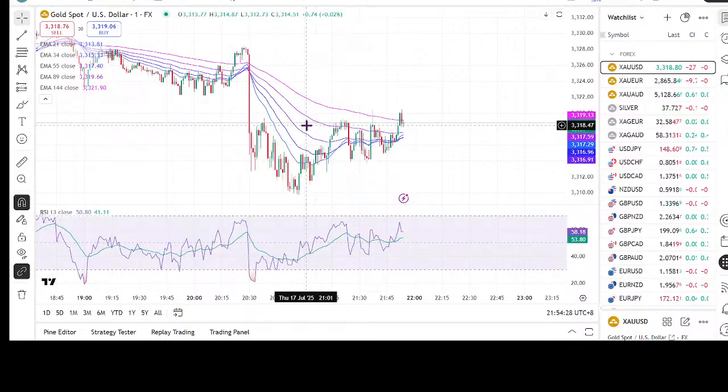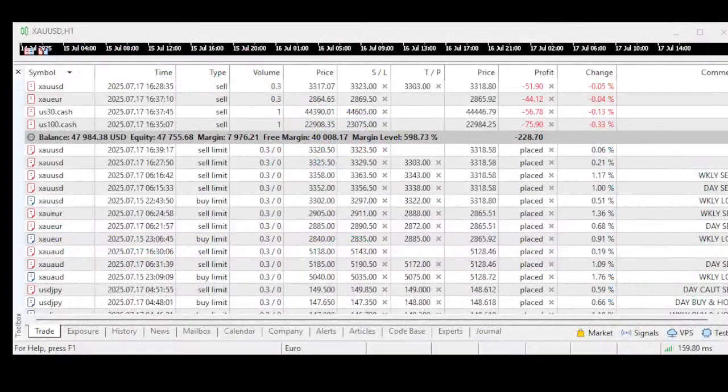But I think we need to give some time. So far, so good. We have 4 trades open. We are trying to sell gold US. We are holding gold US sell at 17. And of course, our target, we are looking lower.